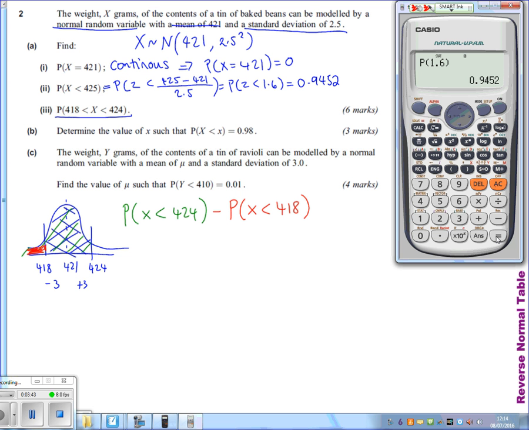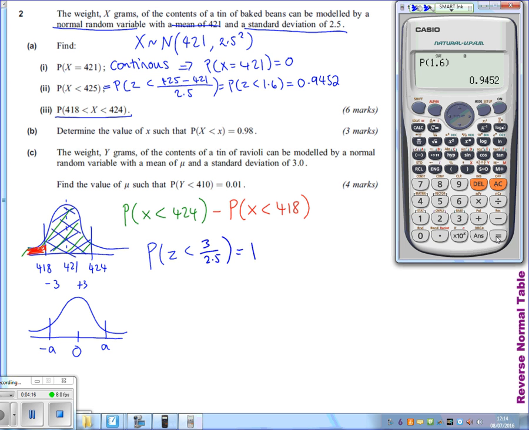Okay. So let's work out the corresponding z value. So we know it's going to be plus or minus. So if I think about my z distribution, the mean's always 0. These 2 z values are going to be the same, but one's going to be the negative version. So for 424, we can look at the probability z is less than. So I've already said the difference is 3, and my standard deviation is 2.5.